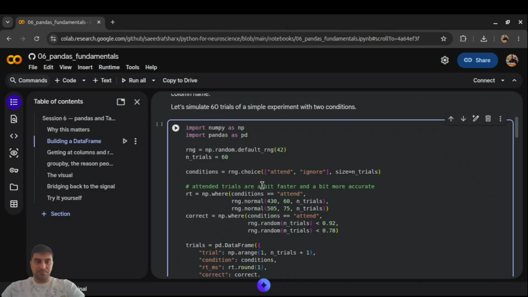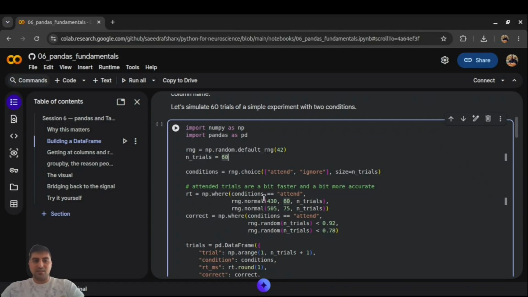Okay, building a table. So let's simulate a small experiment. 60 trials, 2 conditions. In the attend condition, the participant knows roughly where the target will be. In the ignore condition, they do not.